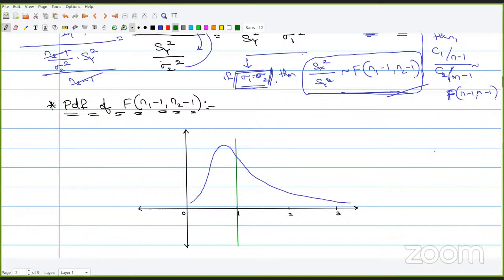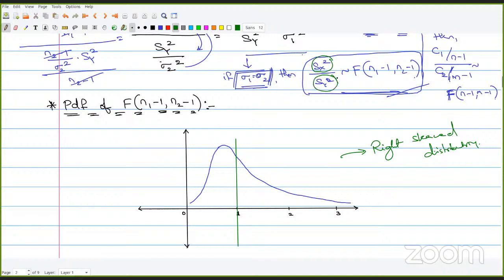How is the graph looking? Like the gamma distribution, it has a right tail. This is a right-skewed distribution. And see here, why we are taking 1 here: F is sample variance divided by sample variance.